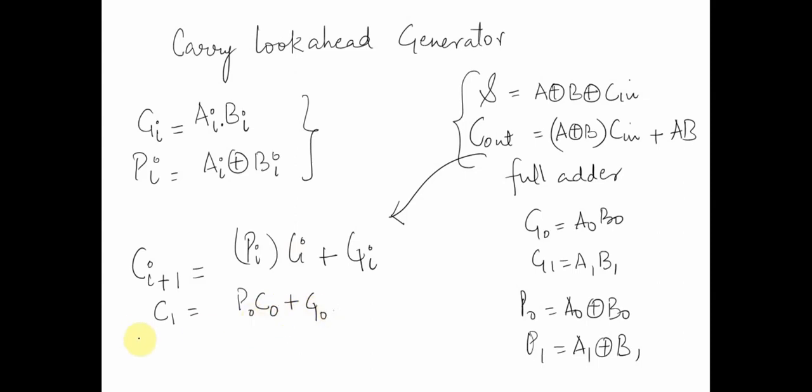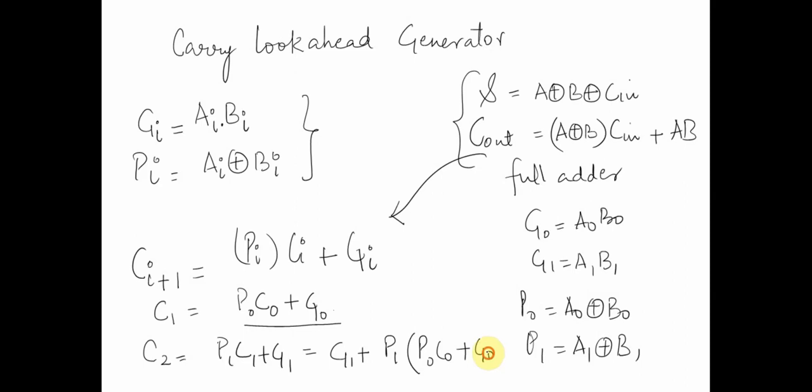I know my G0 and I know my P0. Similarly, C2 is nothing but P1 into C1 plus G1, and P1 into C1 is nothing but this particular equation, P0 C0 plus G0. And each product term depends upon the individual inputs.